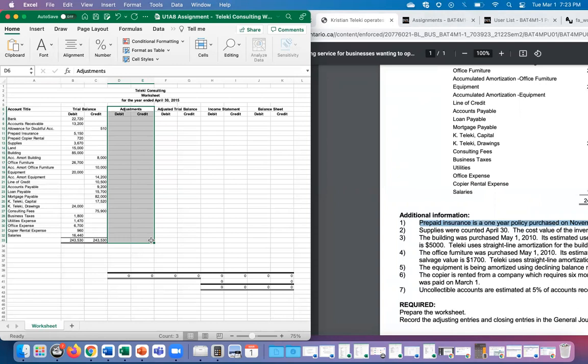You want to make a note of those things in the journal and now on the worksheet. It's like adjusting numbers that you might already have in the books based on things that have happened within your business over this particular time period. So let's see.